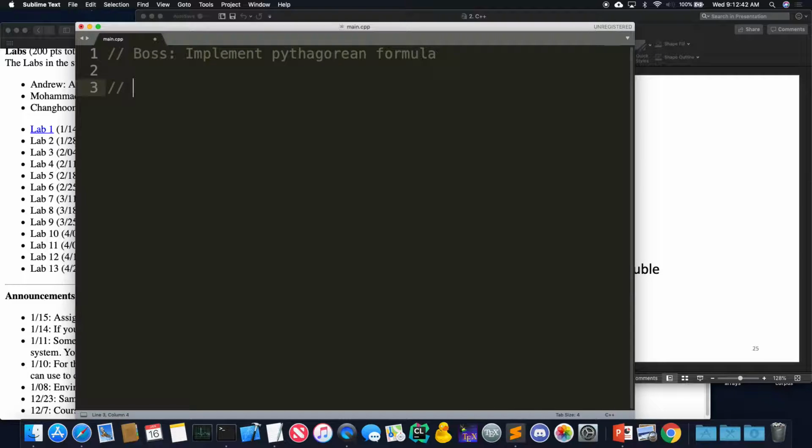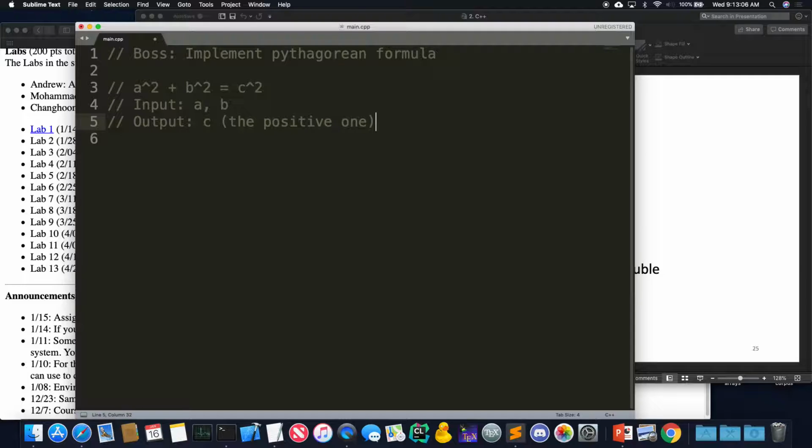let's see. So remember, what is the Pythagorean formula? It's a squared plus b squared equals c squared. So in this case, what we're going to do is we're going to input a and b, and then we want to output c. So not c squared, we want to output c, and the positive one.